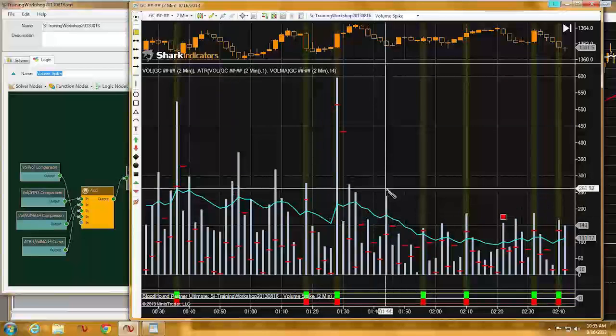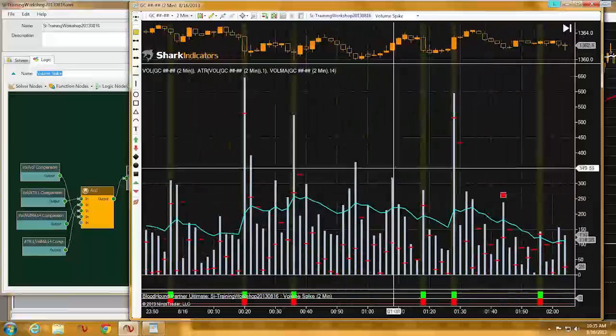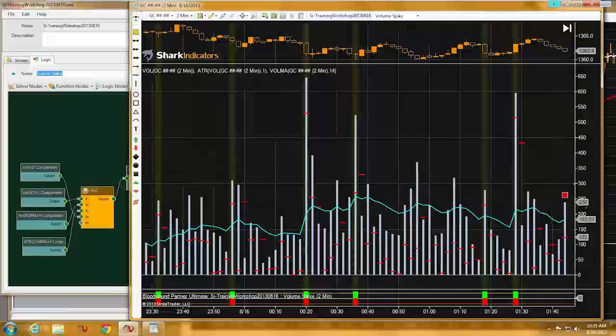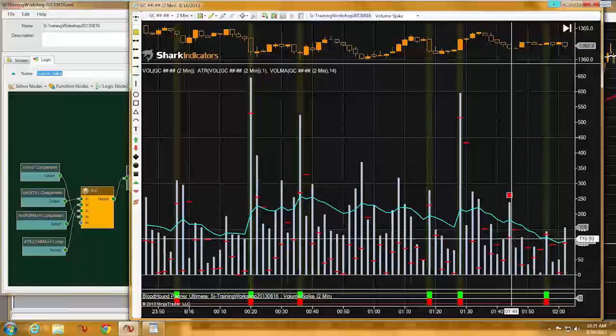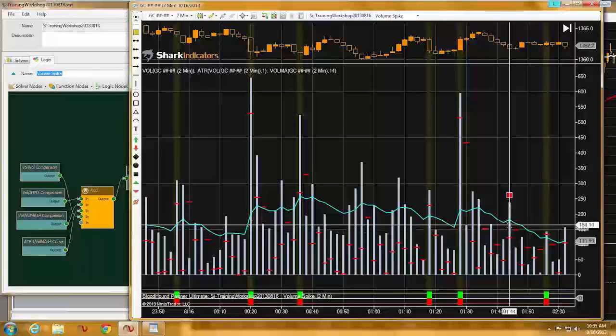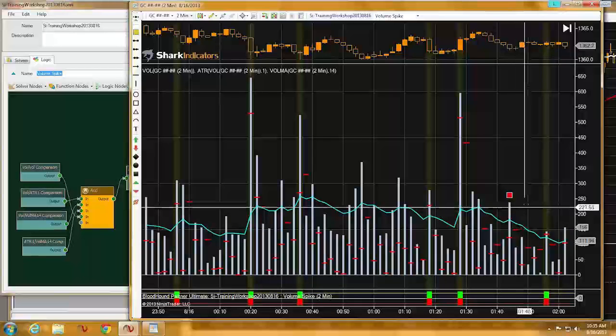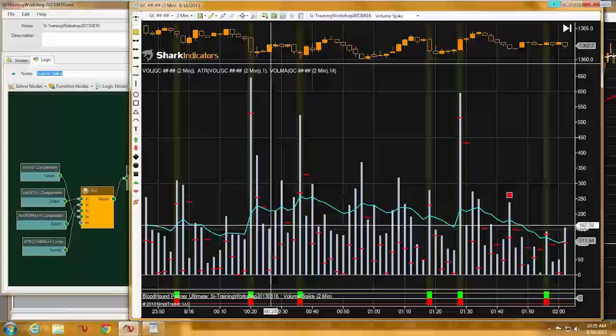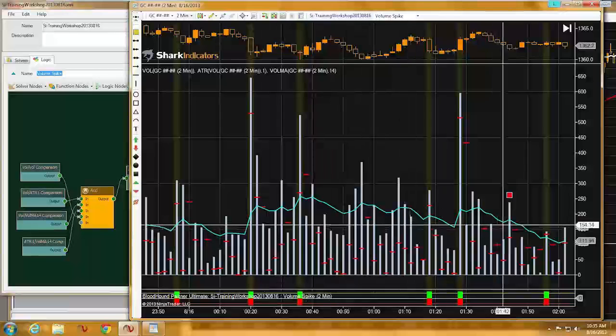And I think I found another place. All right, so we have a volume of 116 and 238. Yeah, so that is double the volume, and it's not marked. And once again, the ATR is below the moving average. So it looks like this is only going to work when the volume is somewhat low prior to getting volume spikes.